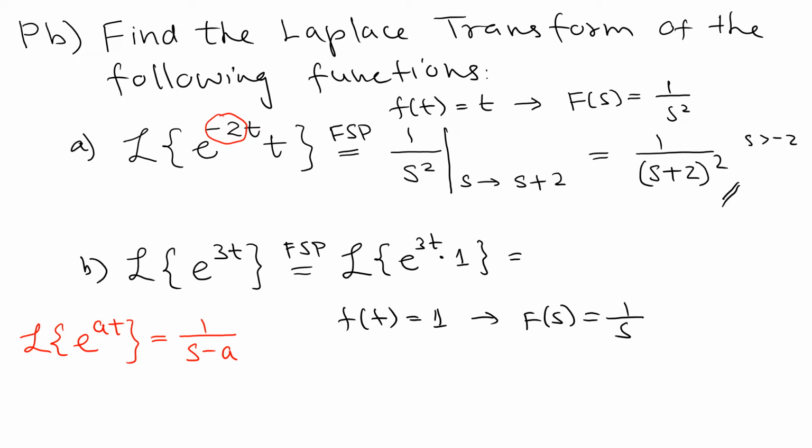According to the property, we write 1 over s and then replace s by, in this case, a is 3, so s minus 3, with opposite sign. That means the answer is 1 over s minus 3, as expected. That's the answer you should get, and you get the same answer here. Again, this one is valid for s bigger than 3. That's the condition for that, and that's how we do it. So let's do a couple more examples. Let's look at the next one.